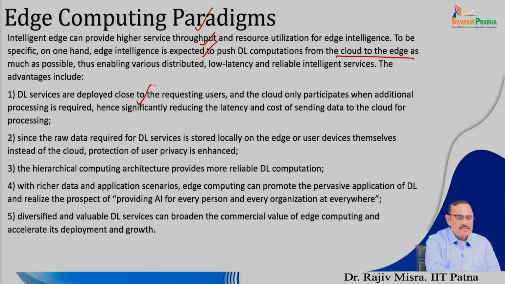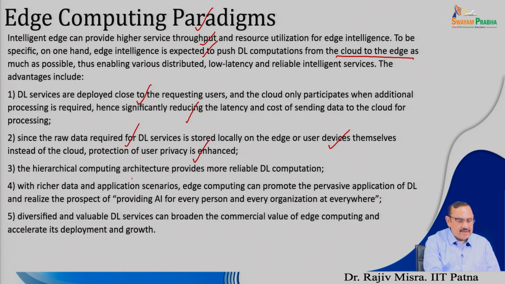So, deep learning services are deployed close to the requesting users, and the cloud only participates when additional processing is required, hence significantly reducing the latency and the cost of sending the data to the cloud for processing. Since the raw data required for deep learning services is stored locally on the edge or the user devices themselves instead of the cloud, the protection of user privacy is preserved.